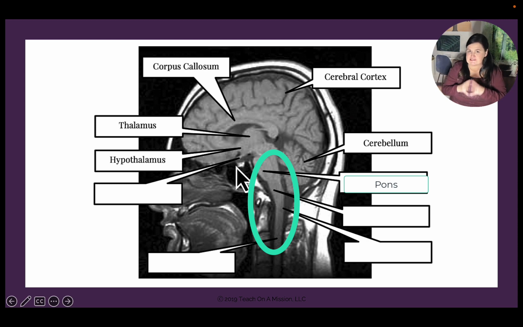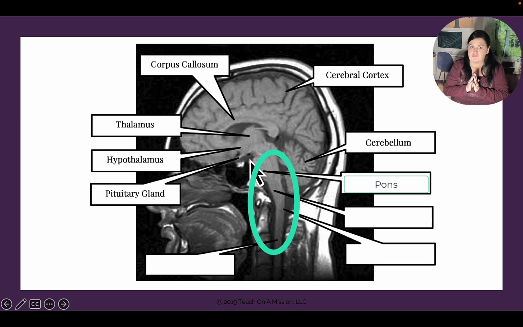If your brain stem or any of its parts is damaged, you pretty much die because you can't breathe and your heart doesn't beat. The pons is involved with the breathing and the sleeping, and then the medulla oblongata controls your heartbeat, right? With your heartbeat and your breathing, it keeps you alive.